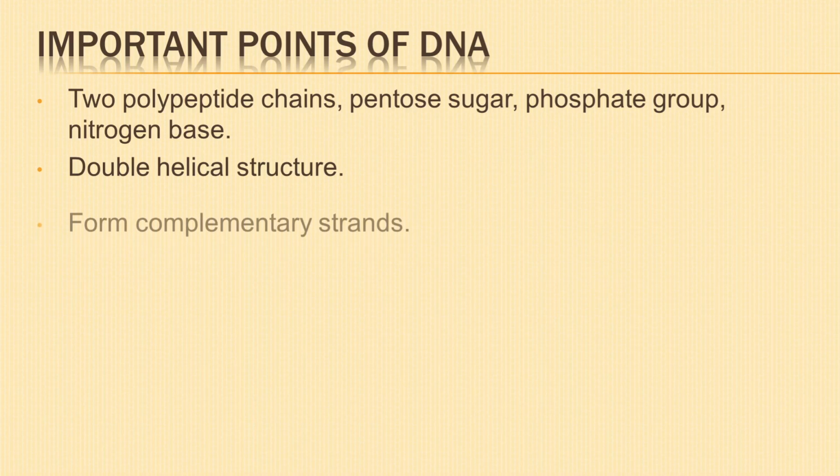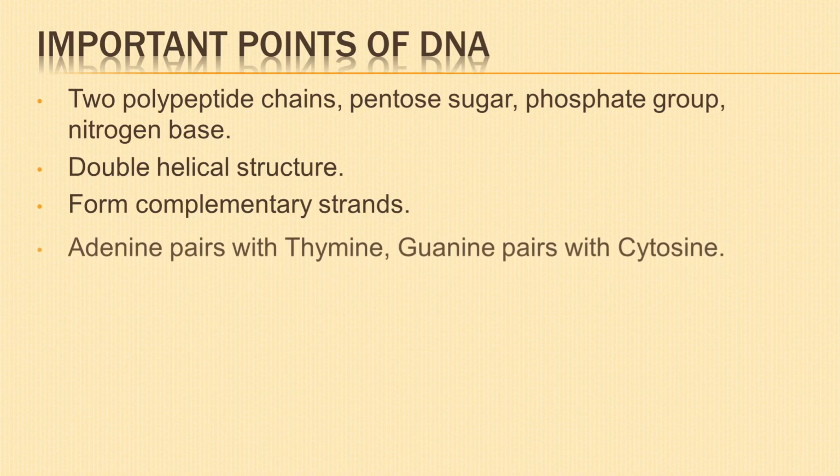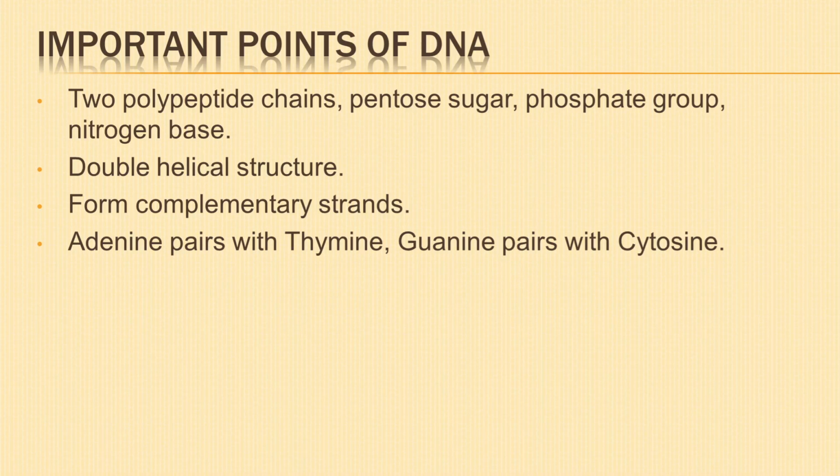The bases present on one strand pair with the nitrogen base of opposite strand. They are known as complementary strands. Adenine forms 2 hydrogen bonds with thymine from opposite strands and vice versa. Guanine is bonded with cytosine with 3 hydrogen bonds.